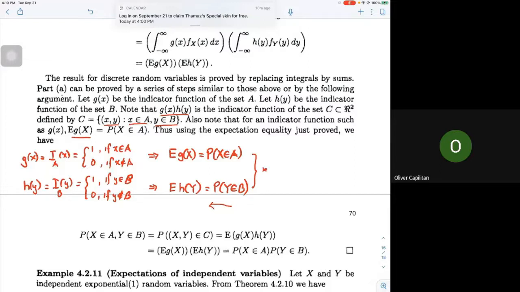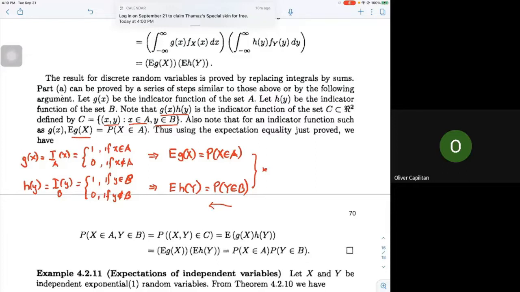Say, for example, X has an exponential distribution, and X here is nonnegative.